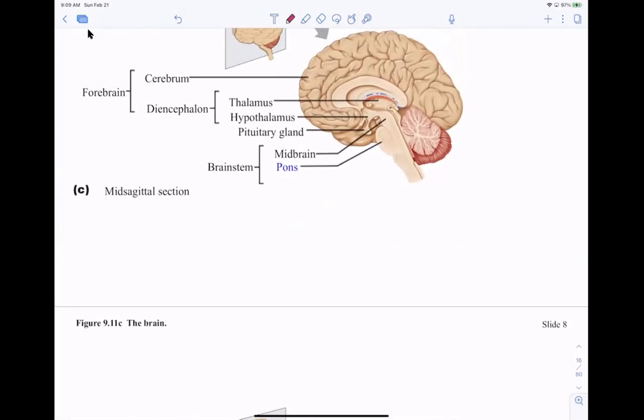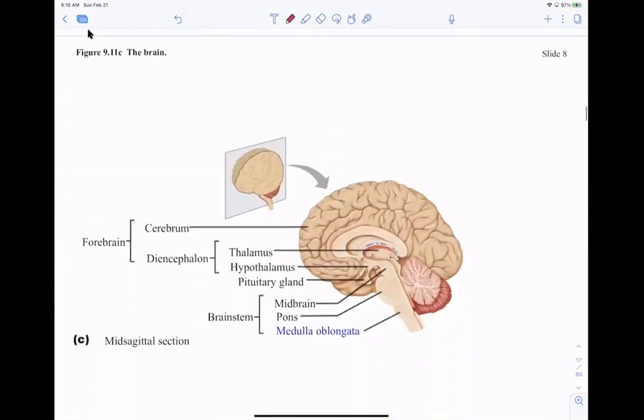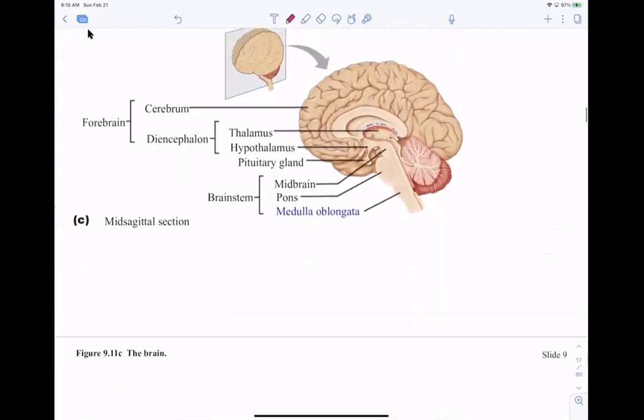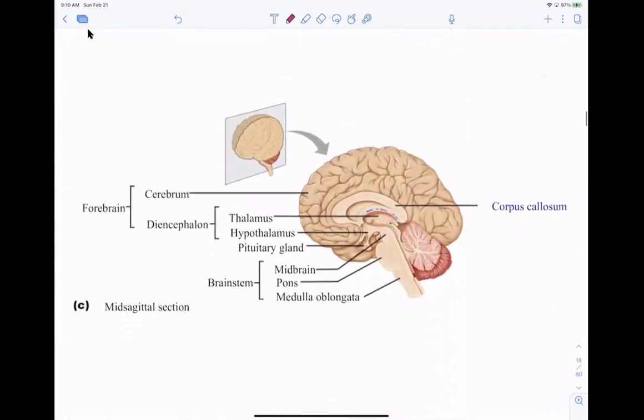It's going to synapse in the pons on a neuron that then goes over to the cerebellum. So it acts as a relay for the cerebellum to receive proprioception information. And then the medulla oblongata has some really basic functional respiratory, digestive, and cardiovascular centers, and is continuous with the spinal cord. So you have a lot of tracts there.